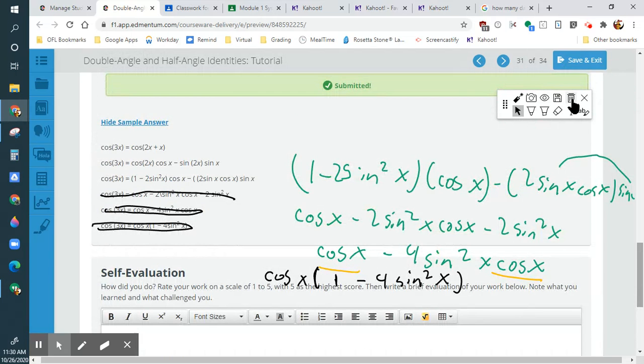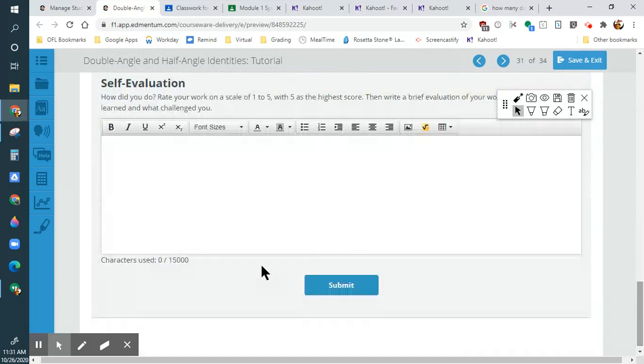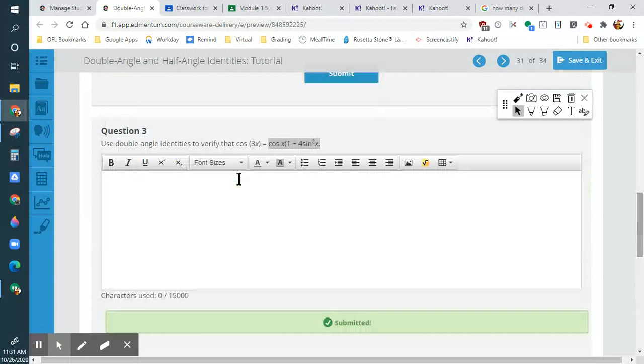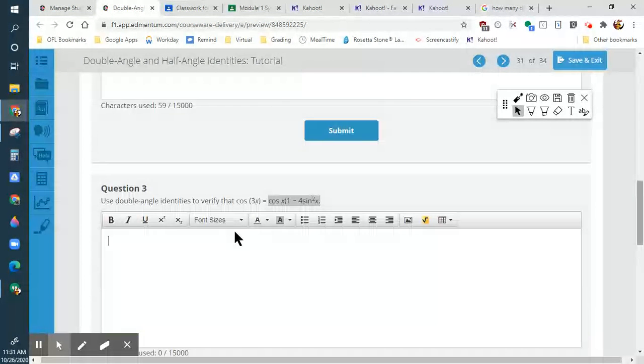And for this one, honestly, what I would do is, I didn't know when to use some angle formulas versus not using them. Because on the first one, you saw what happened. It got out of hand really quickly.